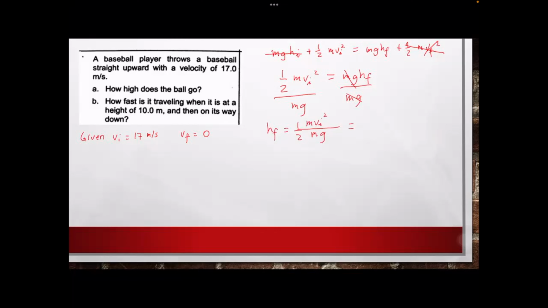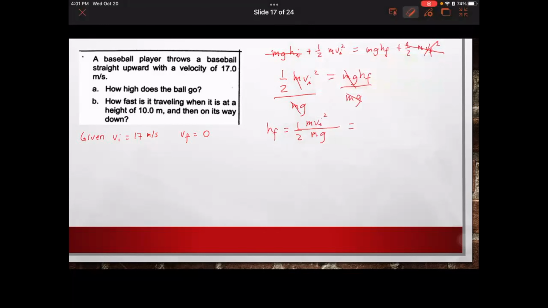Cancel din pala tong m. Pares na pala silang may m. So this will be equal to vi squared over 2g.